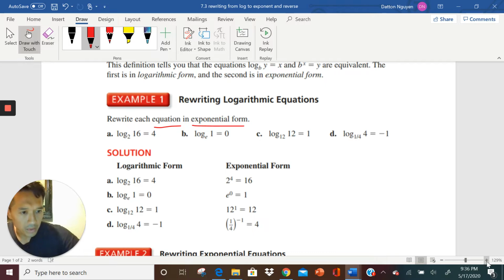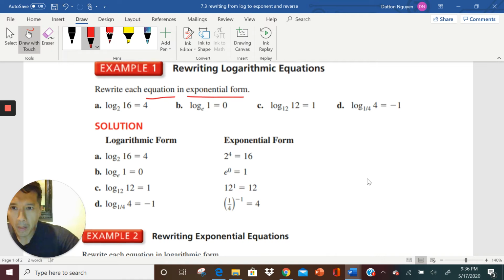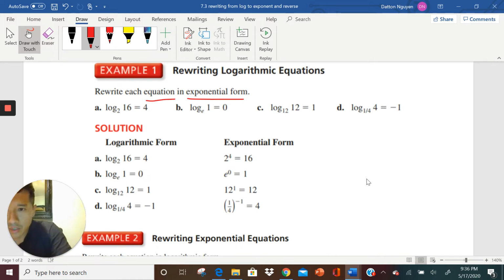So the 2 is the base number right here. That is the first step to writing exponential form. What is my base number?